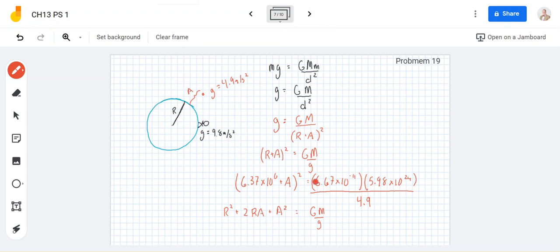So this is one of those occasions where it actually may not be super useful to work in terms of variables.